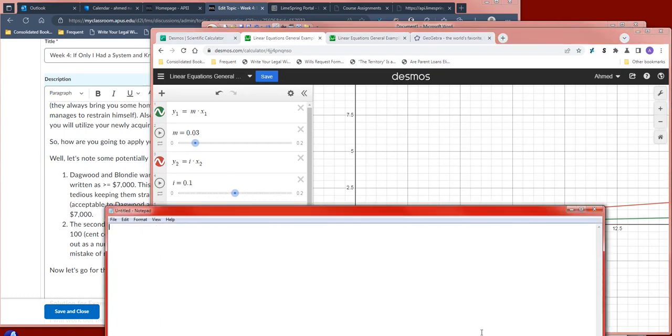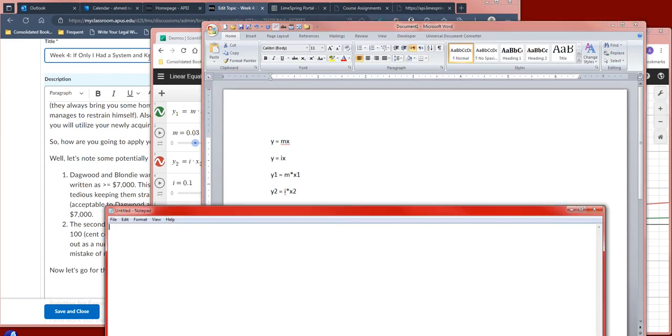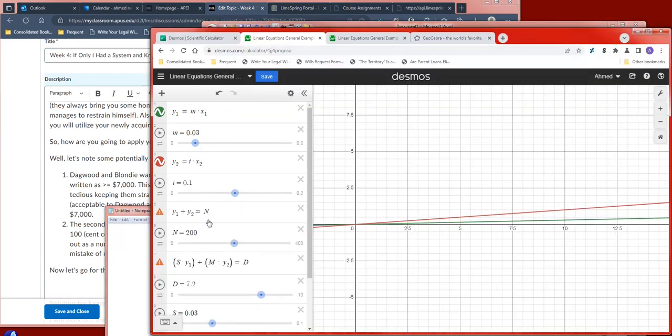Then I try to combine the equations like I did here, and I run into a Desmos problem. This is not a math problem. Let me repeat, this is not a math problem. This is a Desmos limitation. If you click on this warning sign, it says we only support implicit equations of x and y. Basically, that means you can represent your variables only by x and y.